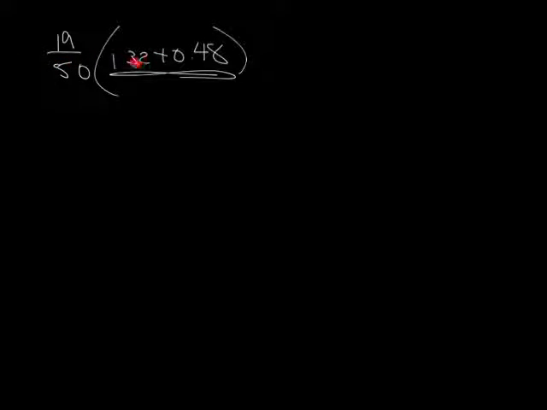And what am I going to do here? Do the decimal parts first. Add those together, and I get 1.8. Leave that in parentheses, and then I've got my 19 over 50. So now I have a choice here. I can either change this to a fraction, or I can change this to a decimal.